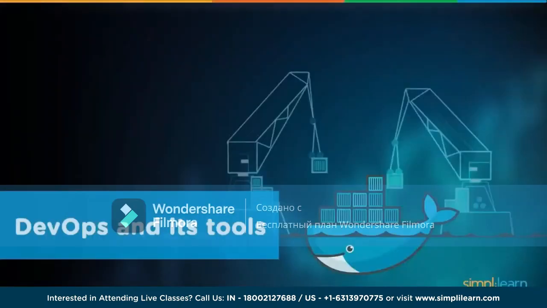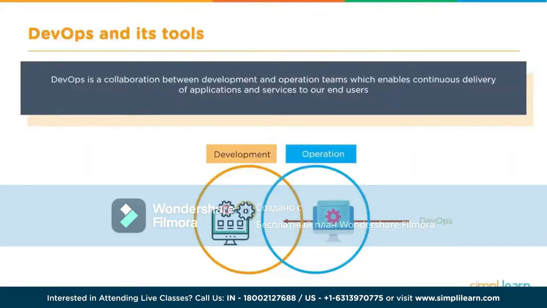So what is DevOps? DevOps is a collaboration between the development team and the operation team, allowing you to continuously deliver solutions, applications and services that both delight and improve the efficiency of your customers. If you look at the Venn diagram that we have here, on the left-hand side we have development, on the right-hand side we have operation, and then there's a crossover in the middle, and that's where the DevOps team sits.